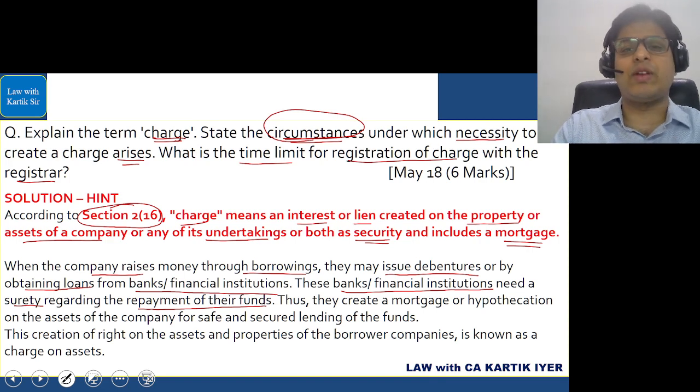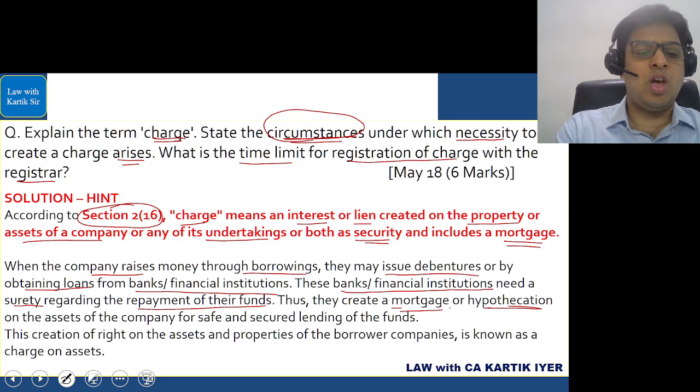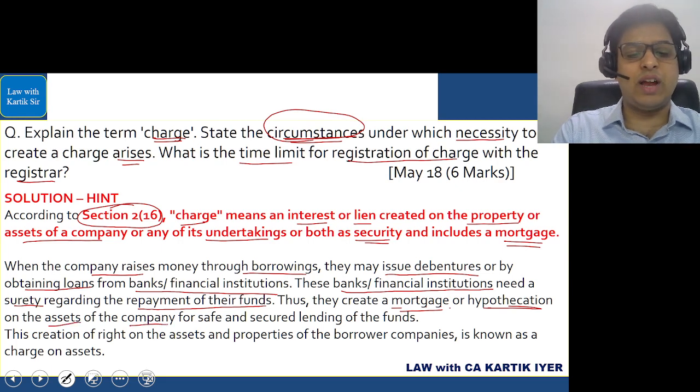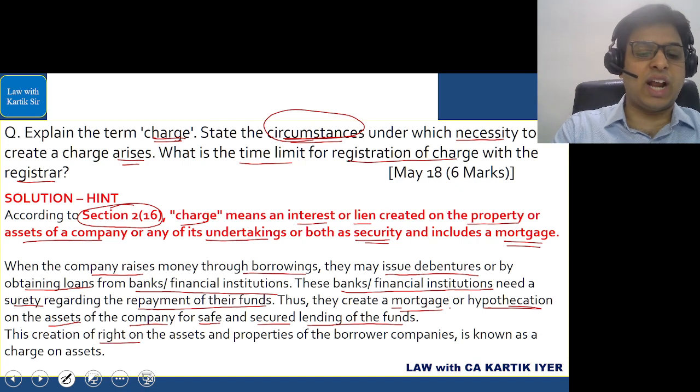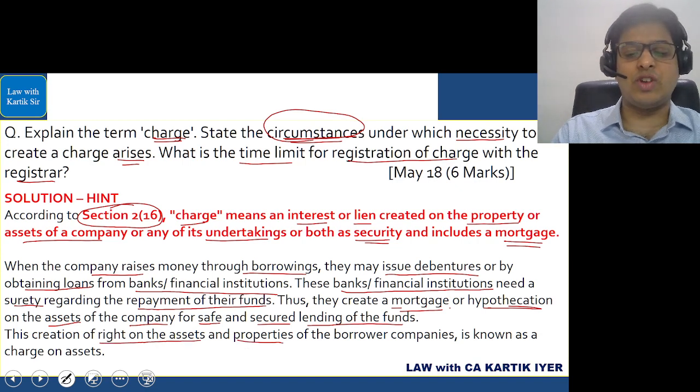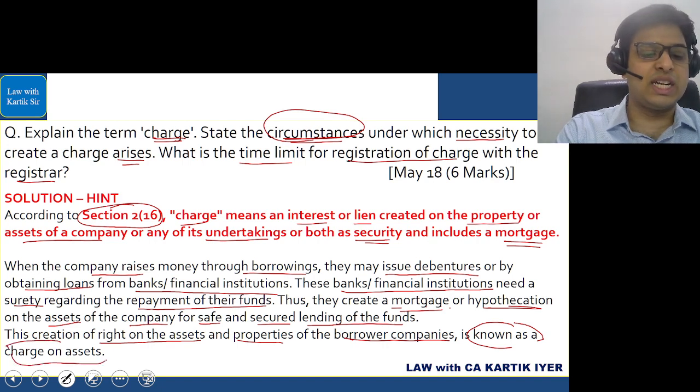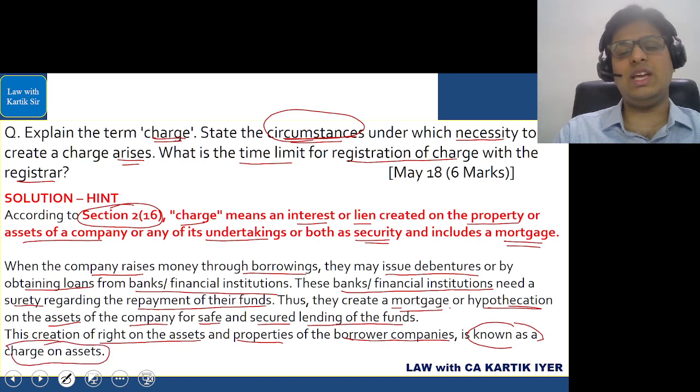In this chapter, we see the word security. Security the company will give. Thus, they create a mortgage or hypothecation on the assets of the company for safe and secure lending of the funds. This creation of a right on the assets and properties of the borrower companies is known as the charge on the asset.